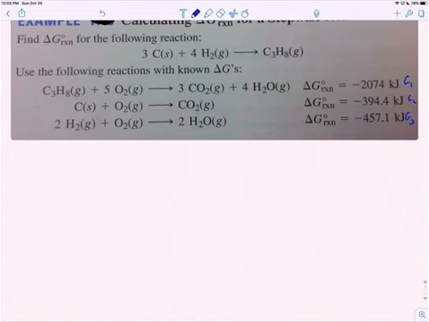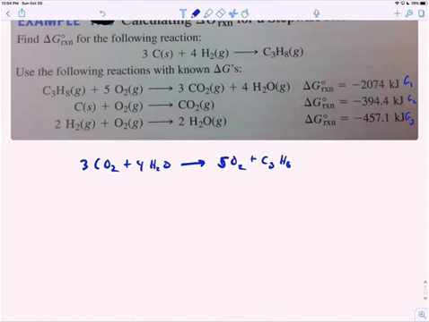Okay, so when I look at this, I see C3H8 is on the reactant side of this, and it's on the product side of the other reaction. So I'm going to go ahead and flip this equation. So I'm going to have 3CO2 plus 4 water makes 5 oxygens and C3H8.